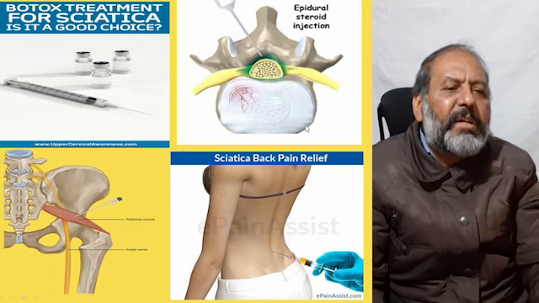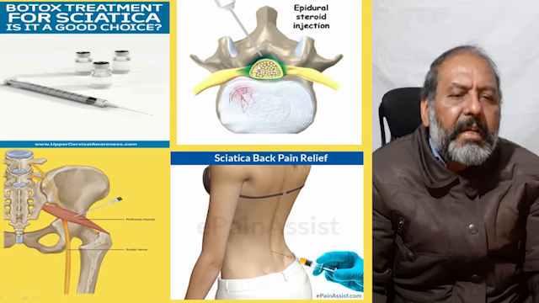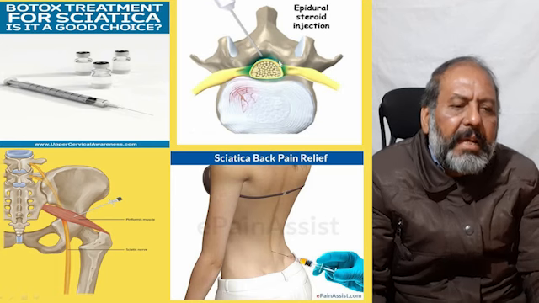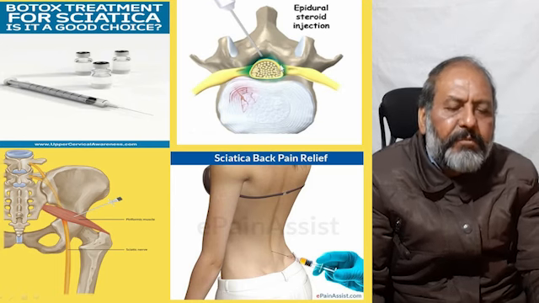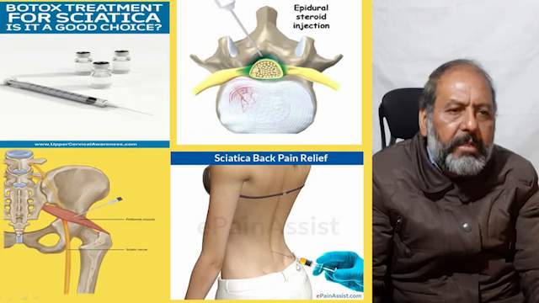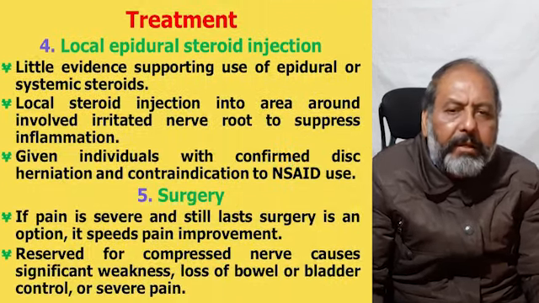And here one can have an epidural steroid injection, which is also going to allay the inflammation and relieve the pain. And here is that epidural injection which is given in the patient's back.